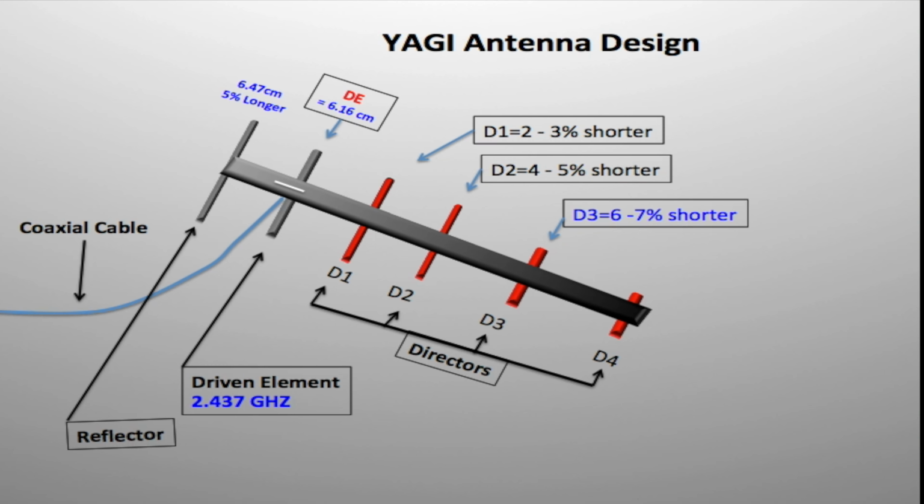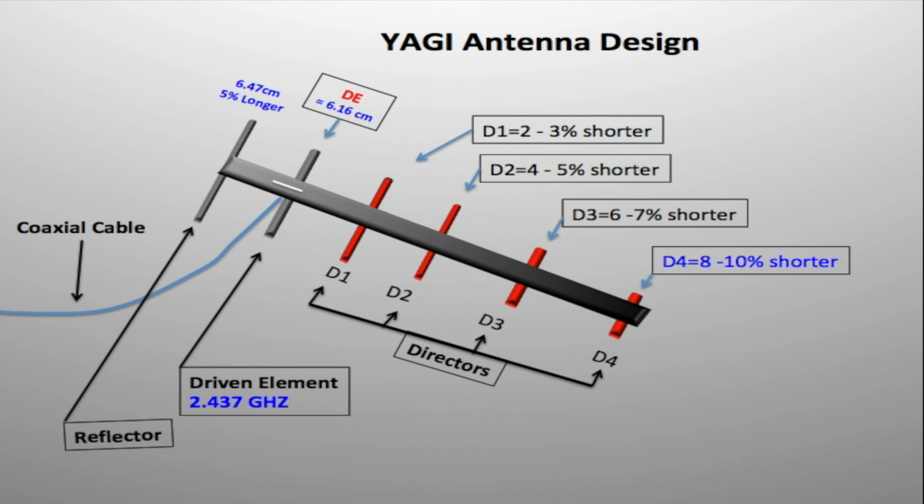Director 3, usually around 6 to 7% shorter. By now we are shaping the beam, narrowing it, and pushing energy further forward. Director 4 is typically 8 to 10% shorter than the driven element.